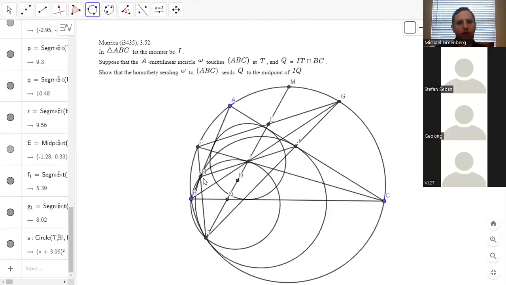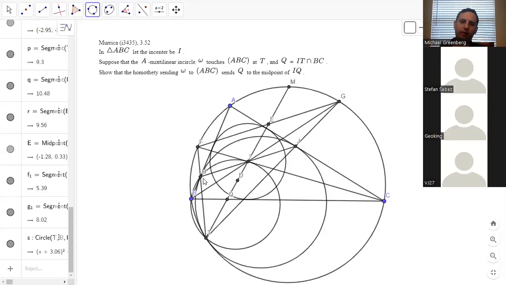We could, and then we'd have to connect that back to TQ and TB. Oh, TB squared is TQ times TI.